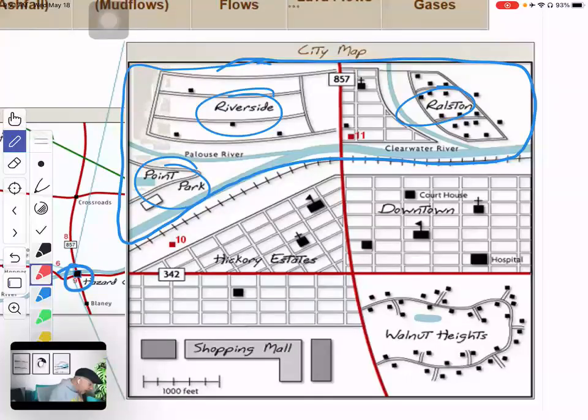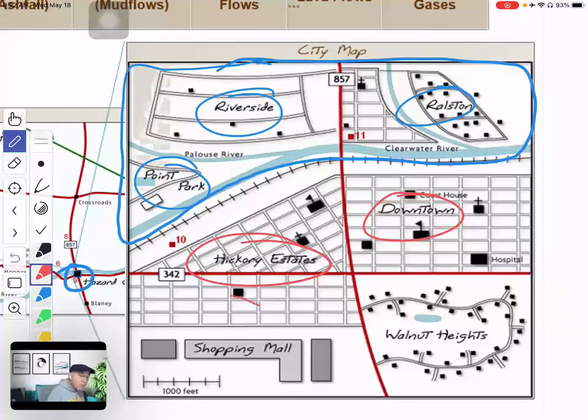But we also have communities that are up here, about 40 feet above the floodplain, and those are Hickory Estates, a kind of semi-commercial and residential community. The downtown area, which is mostly commercial real estate.